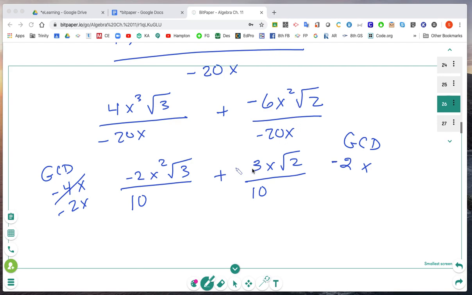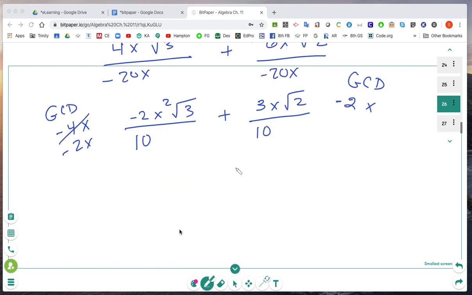Now you're going to notice that I have the same denominator, which is good because I have to put this back together. So draw my fraction line, put in my denominator, and it's negative 2x squared square roots of 3 plus 3x square roots of 2.